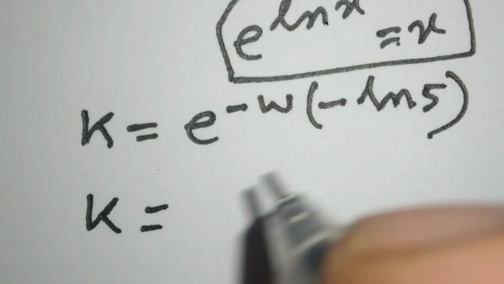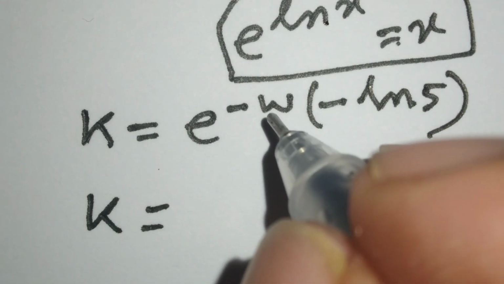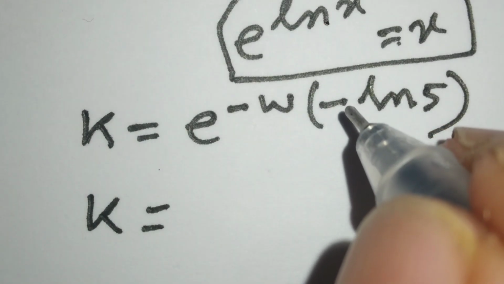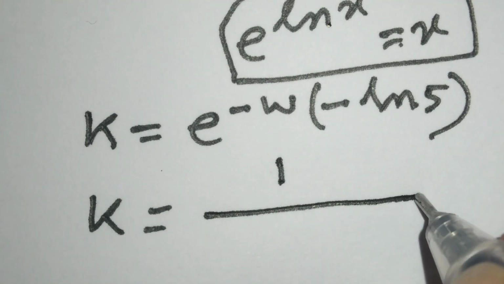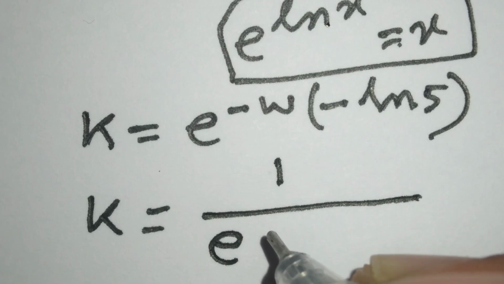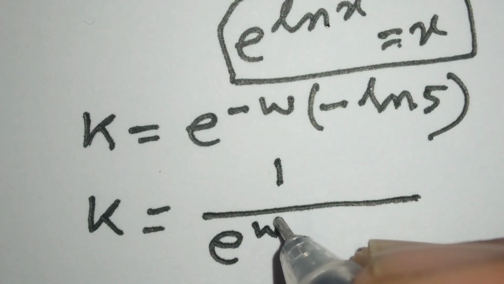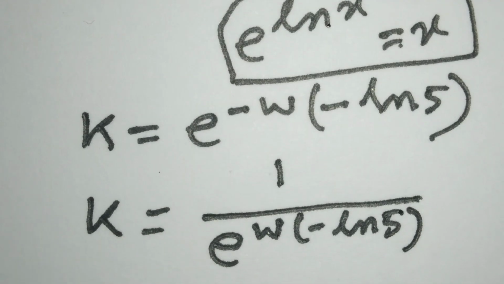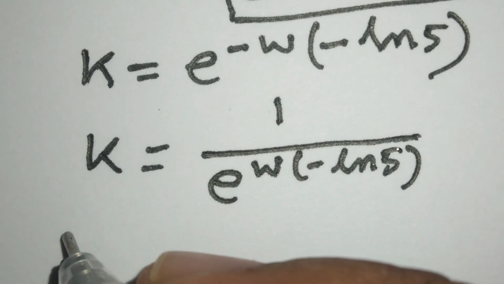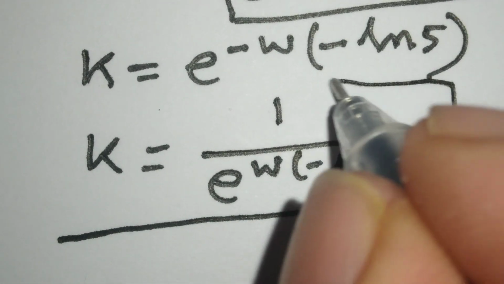So k is equal to, we can write this as, 1 over e to the power W of minus ln 5. This is the right answer.